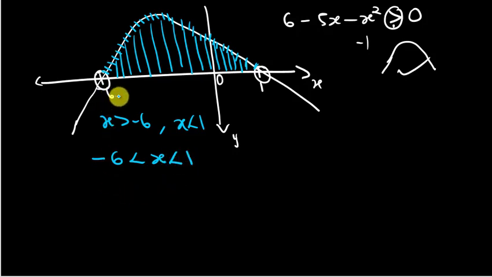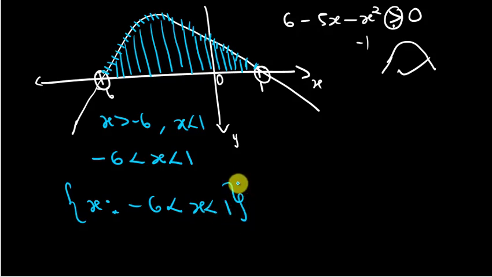You can pick any values in here, then you try and substitute that into the quadratic inequality to check whether it's going to satisfy that. So that is our truth set. And thus x is such that -6 is less than x less than 1. Let's try the number line approach. For the number line approach, let's assume that this is our number line.